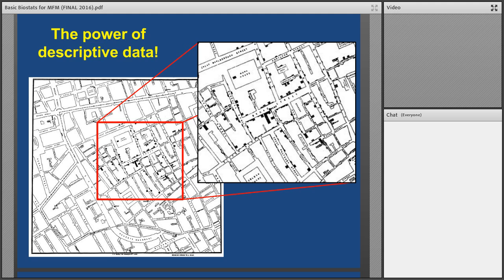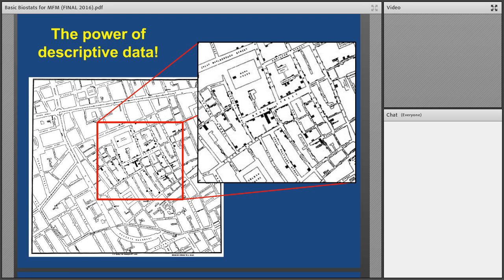So he was trying to find patterns in the cholera epidemic because he was noticing that maybe there were clusters of cholera in different locations. And just looking at this data, if you look really closely at it, there are bar graphs superimposed on a geographic landscape. And the bar graphs indicate how many cases of cholera there were at each address.